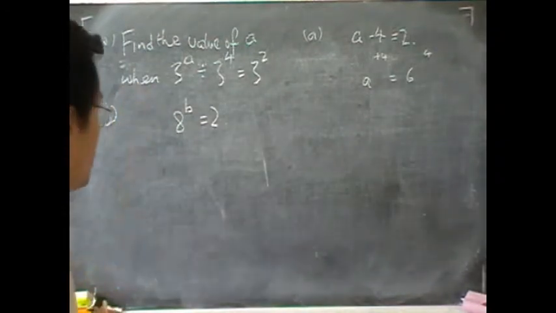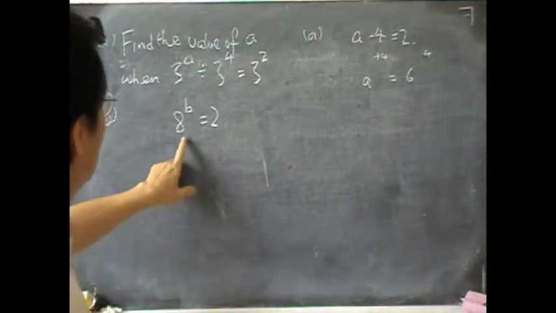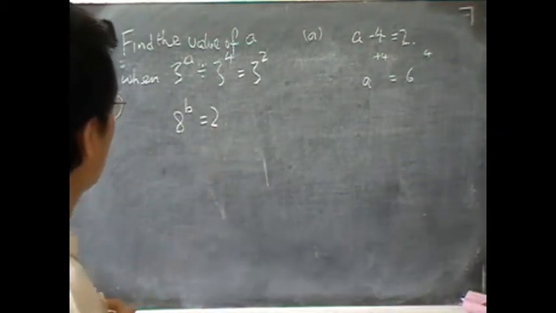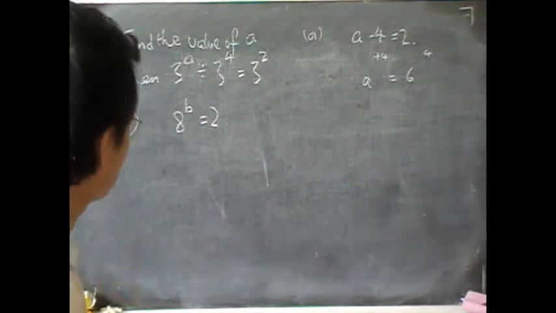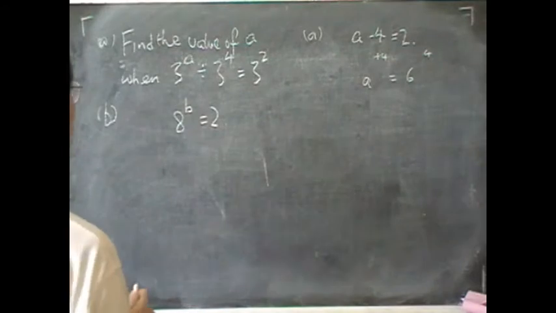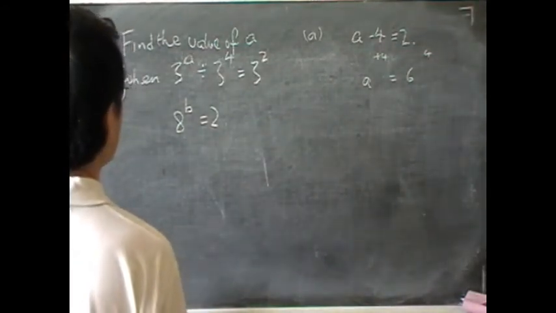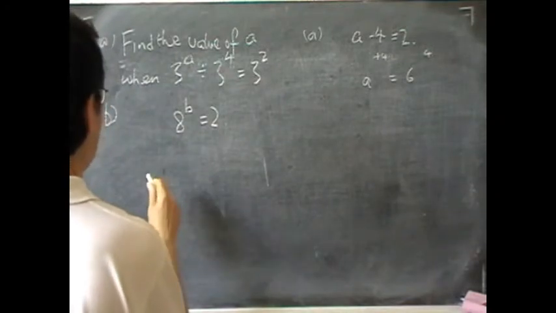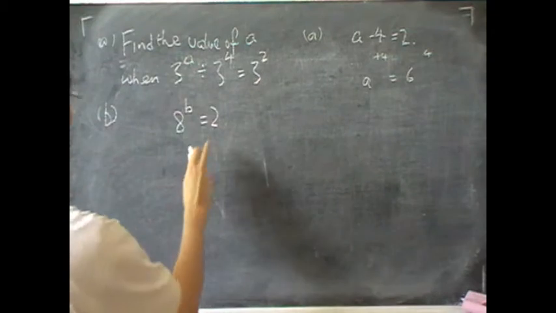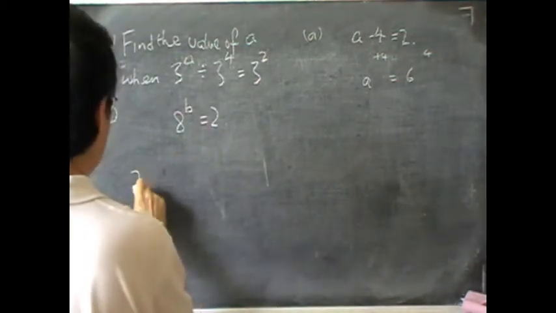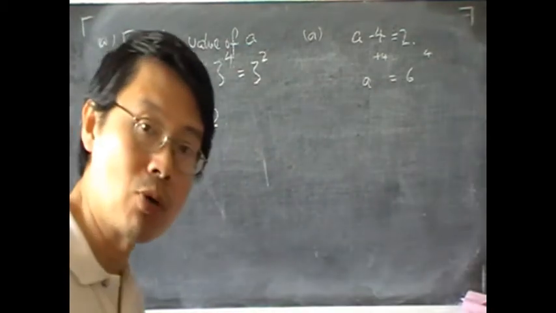Now, in this question, we need to make use of two things. First, we need to make use of the idea that if I have just the 2 on its own, it's really the same as 2 to the power of 1.